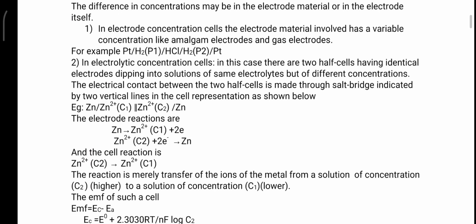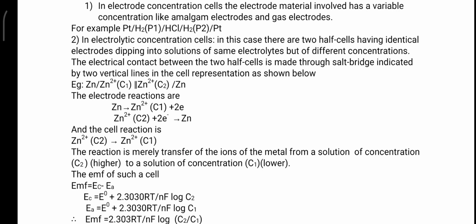The cell reaction can be written as Zn2+ of higher concentration C2 gives Zn2+ of lower concentration C1. The reaction is merely transfer of the ions of the metal from a solution of concentration C2 to a solution of concentration C1, that is, from higher concentration to lower concentration.